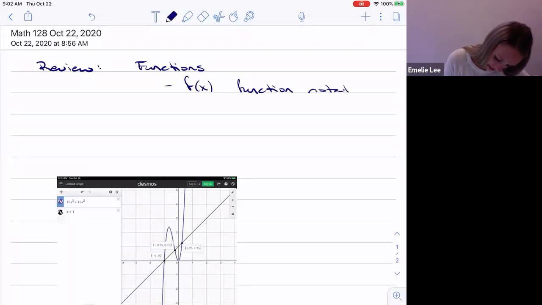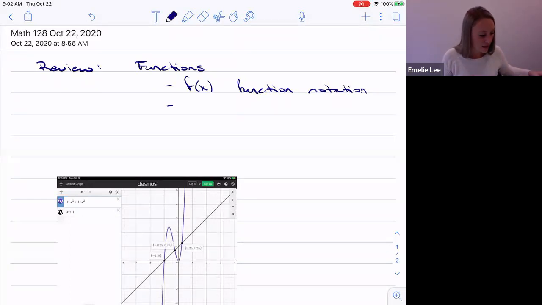We said, well, we've been dealing with expressions and equations already, so functions are just kind of a fancy way to denote those. We talked about what is a function: one input can only give one output, that is a function.